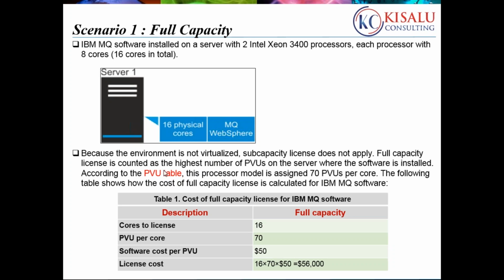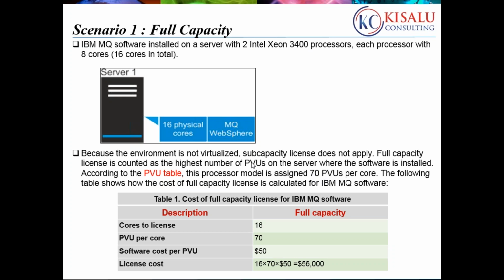So they give a rating to each processor that's in the market and which already has been eligible as technology. There is a table that IBM updates. It's on the Passport Advantage website as well, where they will say for this particular processor, each core we give it a 70 PVU value.